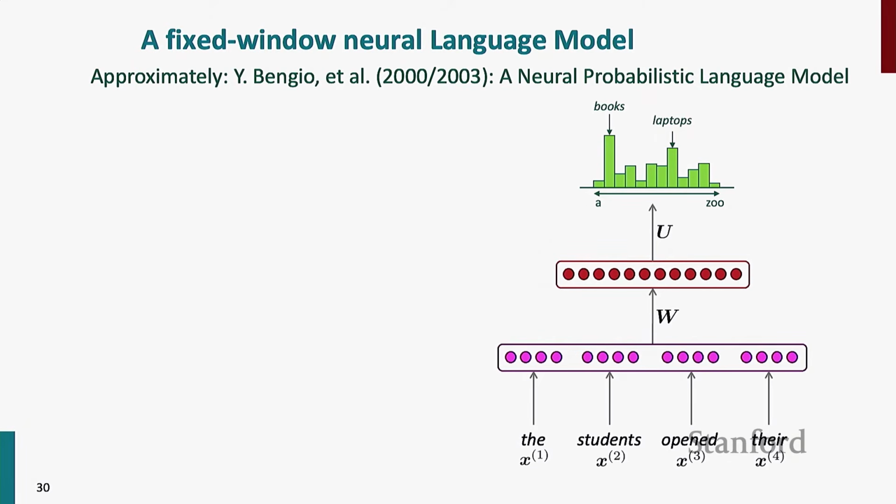In particular, Yoshua Bengio, right at the beginning of the 21st century, suggested that rather than using an n-gram language model, you could use a fixed window neural language model. And even at that point, he and colleagues were able to get some positive results from this model. But at the time, it wasn't widely noticed. It didn't really take off that much.